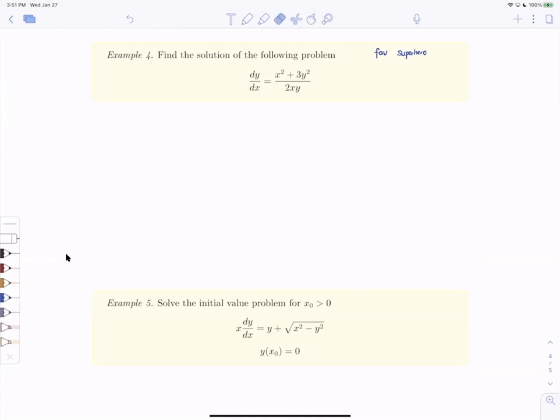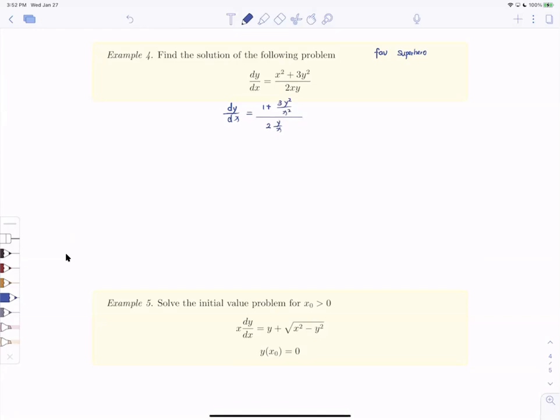Alright, so first of all, we can write the whole ODE in this form: 1 plus 3y squared over x squared, and then the whole thing over 2y over x.